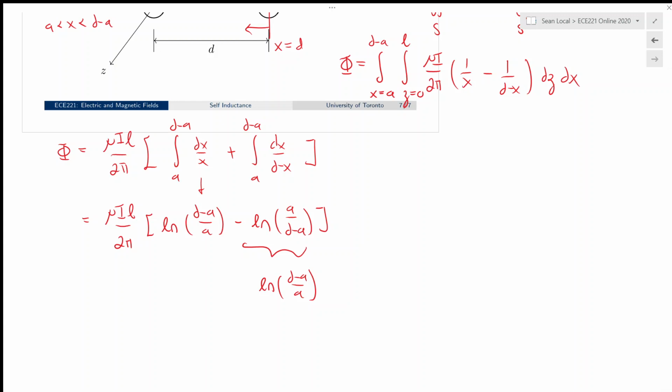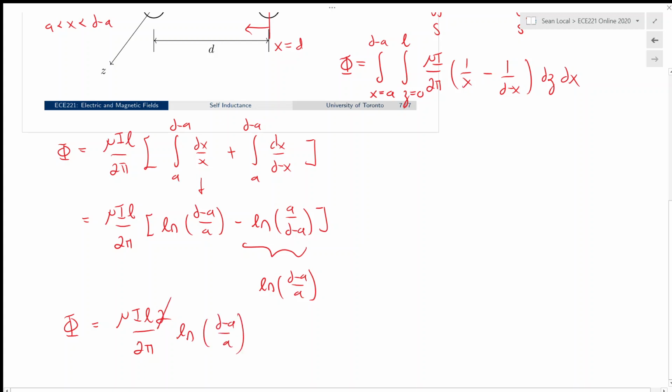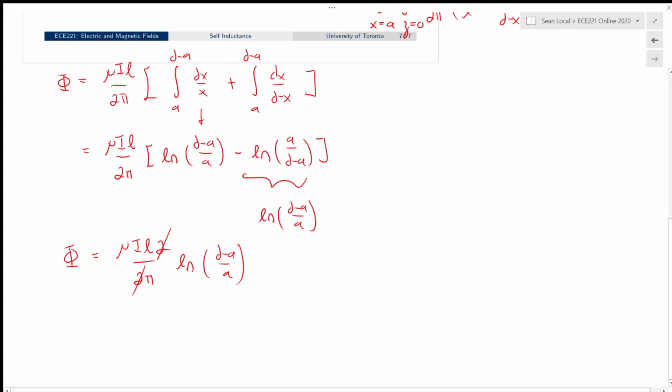So then when we write out the expression for phi, we have mu I L times 2 over 2 pi times natural log of d minus a over a. And then these factors of 2 cancel off. Again, we only have a single turn here. We haven't wrapped these wires around anything to lead to a multi-turn case.